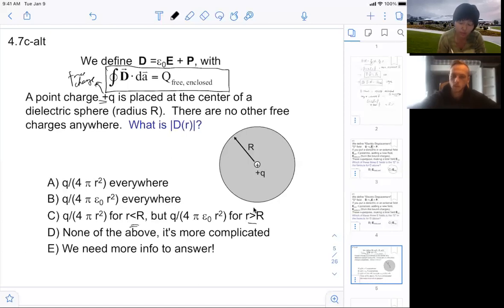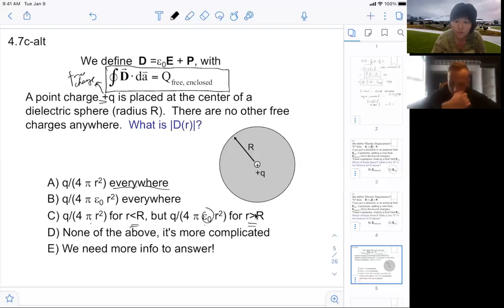So that's quite reasonable. So would anybody like to share their thoughts with us? It looks like the difference between these two expressions is a factor of epsilon naught. Would anybody like to say more about the answer choices? Which one do you think is right? Or do you think it doesn't matter, it should be the same expression everywhere?